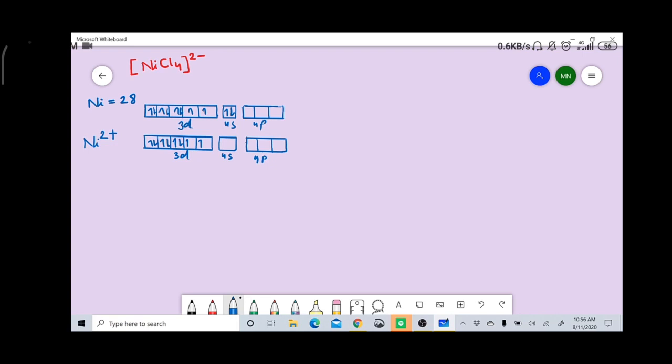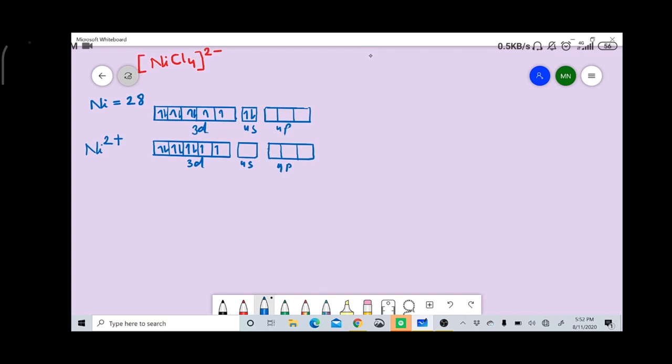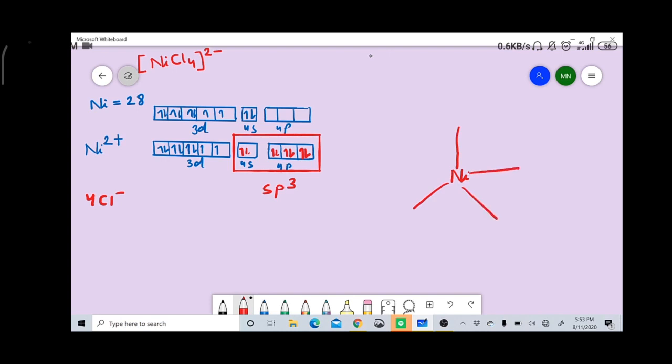In presence of 4 chloride ligands, these outer 4 orbitals hybridize to give sp3 hybridization. These 4 sp3 hybrid orbitals arrange themselves around central metal ion in tetrahedral geometry. In these 4 hybrid orbitals, 4 orbitals of ligands overlap to make coordinate bond and a tetrahedral complex of nickel is formed.